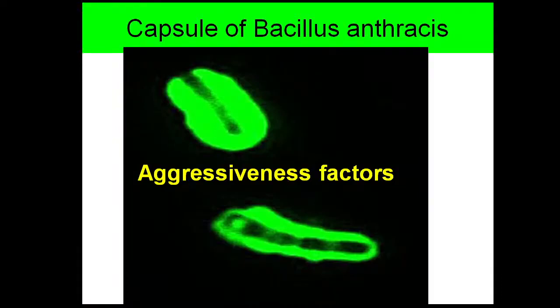The capsule of some bacteria is also considered to be an aggressive factor as well, and that is the appearance of the capsule in a fluorescent assay, right? They prevent digestion by phagocytes because, can you see, the bacteria are very thin, but the capsule can be very thick.